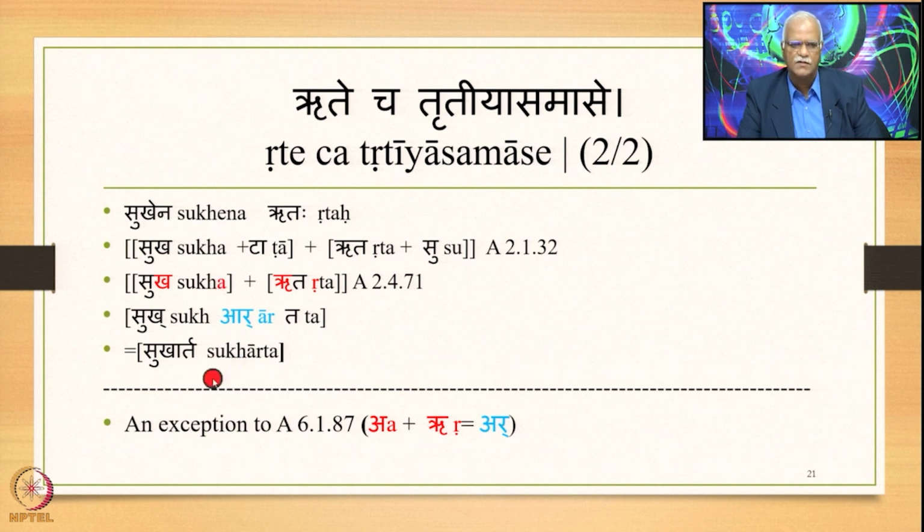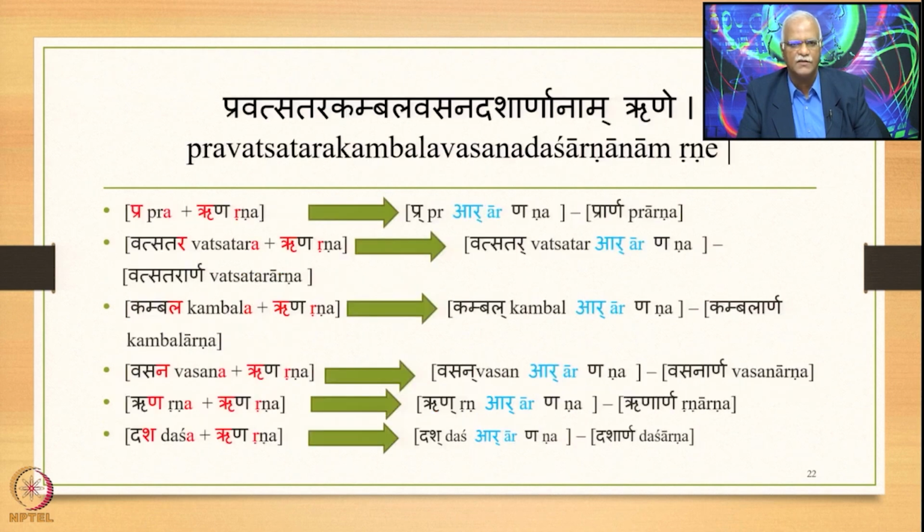In this case, a plus ru, the sutra Adgunaha 6187 would apply and the output generated would be ar. But not in this specific case, Sukharta, or any such case where Rita is the second member of the Tritiya Tatpurusha Samasa. So this is an exception to 6187, and so it had to be stated by this particular Vartika statement.